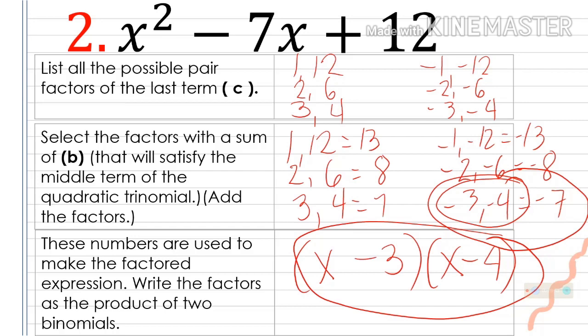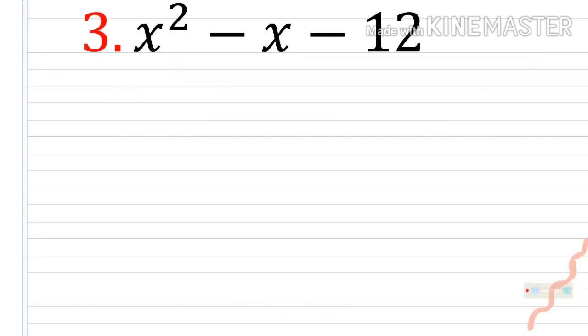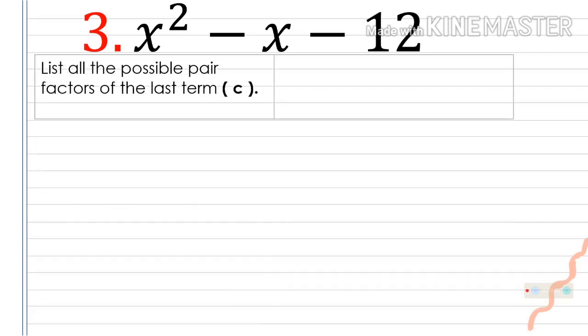Okay? Let's have the third example. For our third example, we have x squared minus x minus 12. Just like what we have done earlier, list the factors of negative 12 this time. What factors can we use? We have negative 1 and positive 12, and the product of this is negative 12.